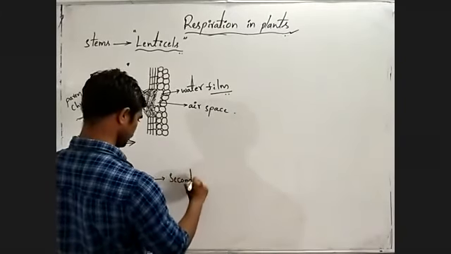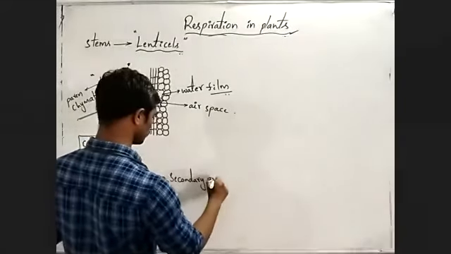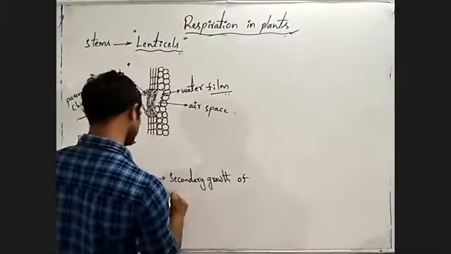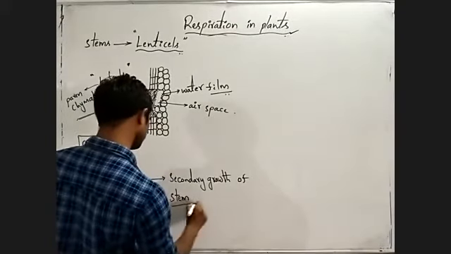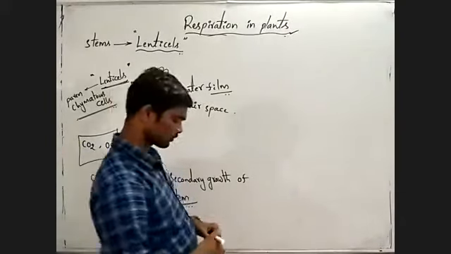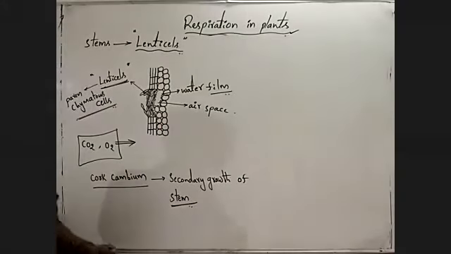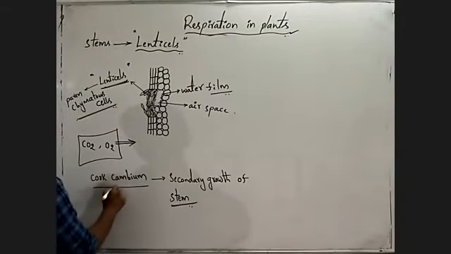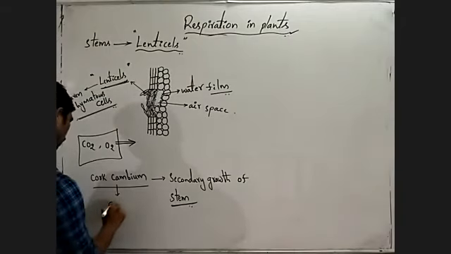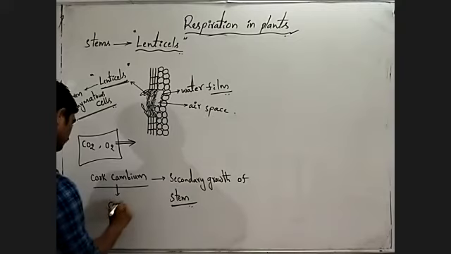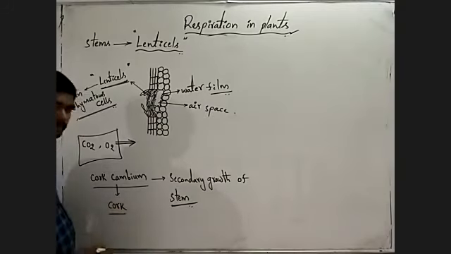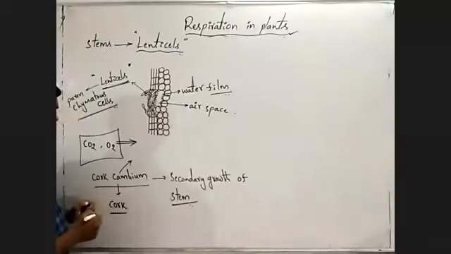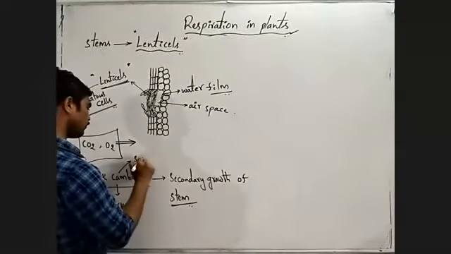During secondary growth of stem, towards the outer side, cork cambium forms the cork.